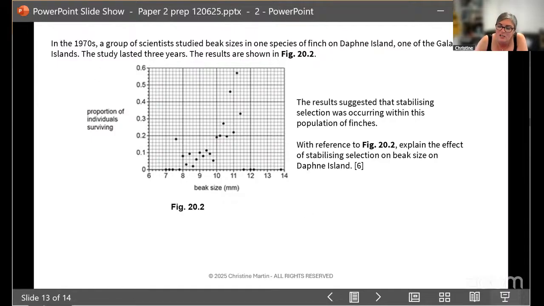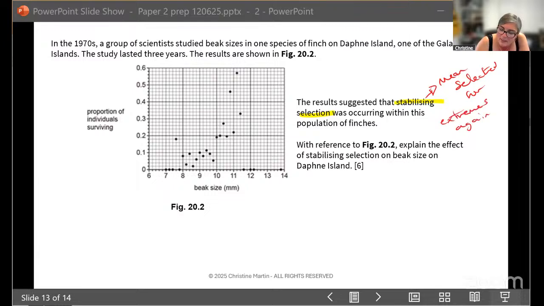The results suggested that stabilizing selection was occurring. So the minute you see it say stabilizing selection, automatically you need to be saying, right, the mean selected for, and then you want to be looking at extremes against. And then you want to relate it to the question: with reference to figure 20.2, explain the effects of stabilizing selection on this.